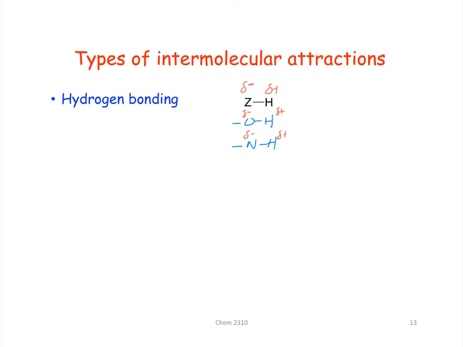One example of a molecule that has a lot of hydrogen bonds, which has a great effect on its boiling point, is just water. Water, remember, has a bent structure like this because the oxygen is sp3 hybridized. It has 2 non-bonding pairs, and the 4 pairs of electrons around the oxygen are in a tetrahedral arrangement. So this has the delta minus on the oxygen, delta pluses on both hydrogens. This oxygen is attracted to a hydrogen of another molecule.